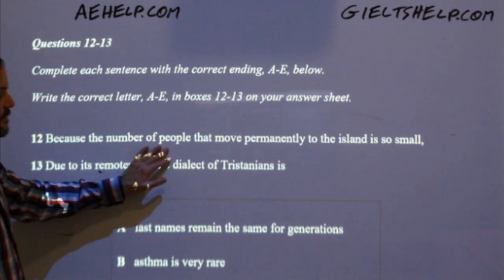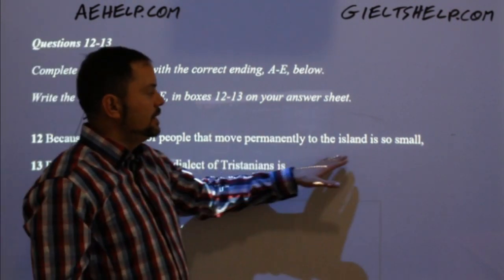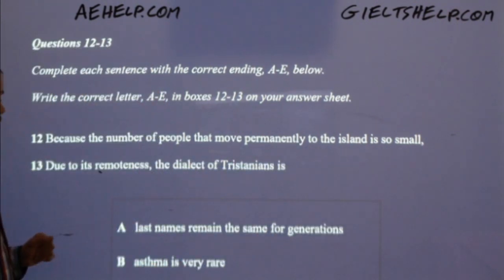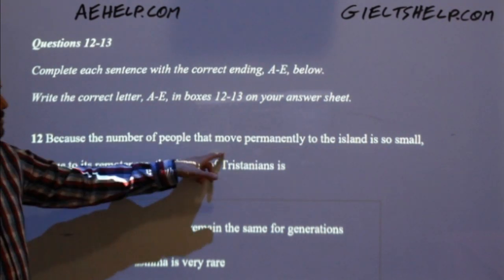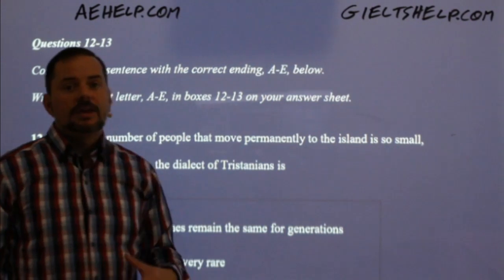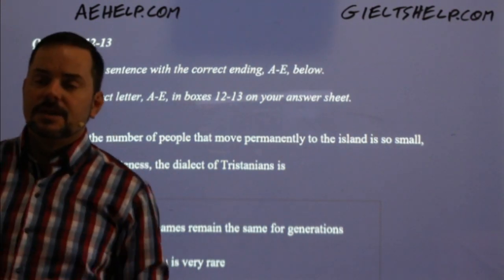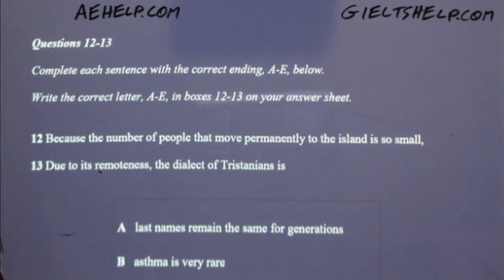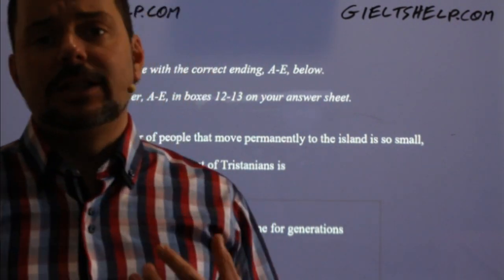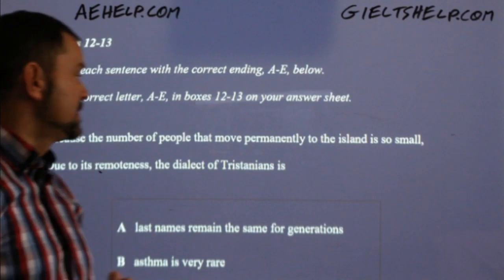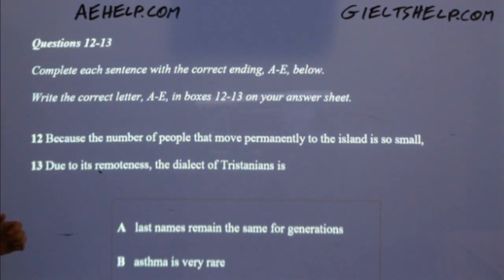Because the number of people that move permanently to the island is so small, okay, so number of people that move permanently is so small, so that gives us a hint, Hassan, that you mentioned earlier, that there's something unique about this island. There are likely not a lot of people living on this island. I think Preeti said something about that as well.